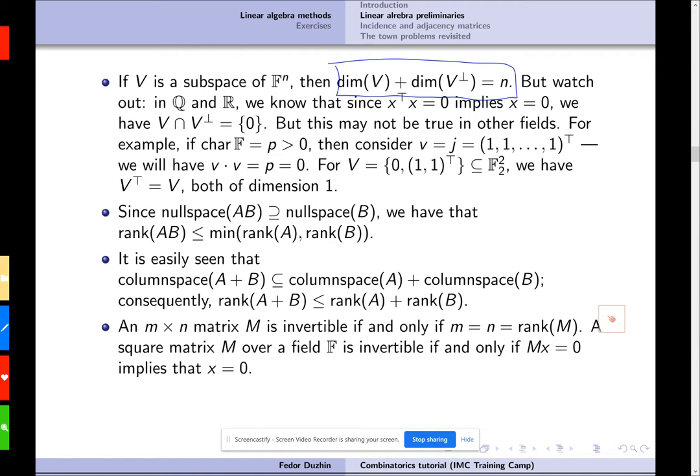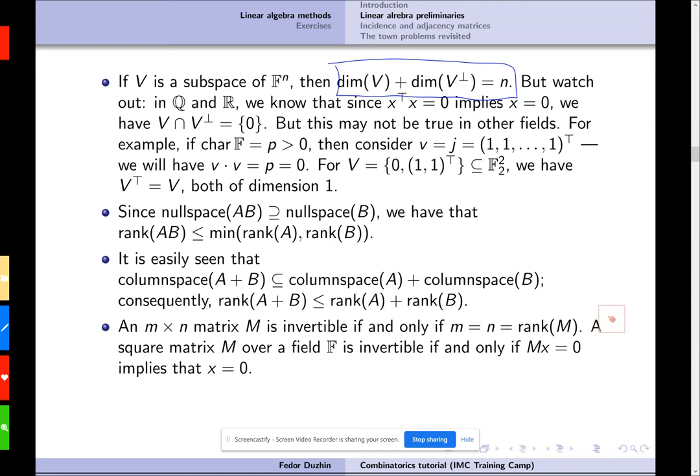But in the rational numbers and in the real numbers, we know that if the dot product of x with itself is 0, then x must be 0. It's not true in other fields.